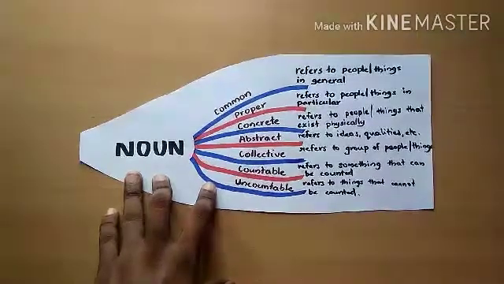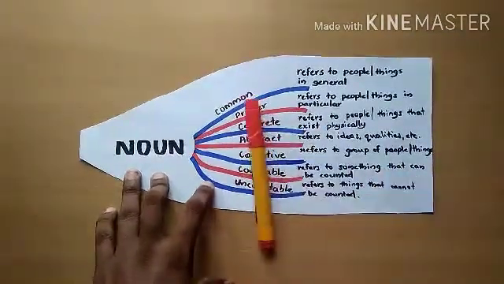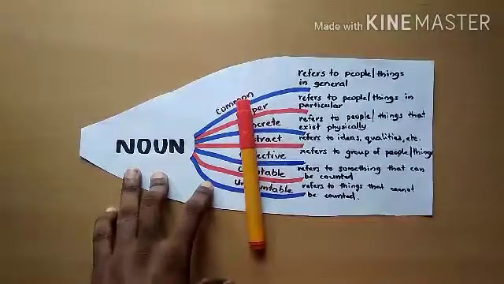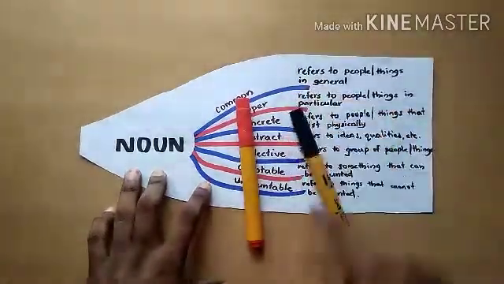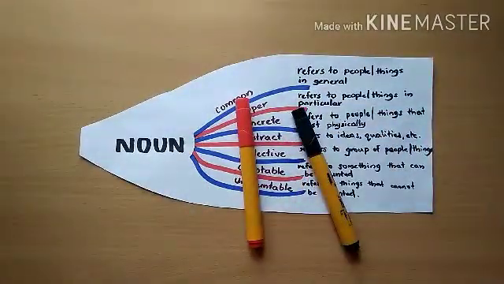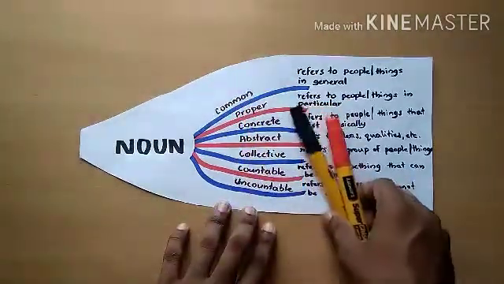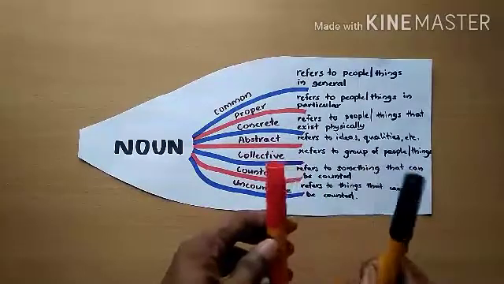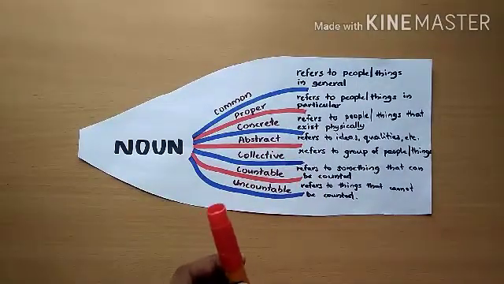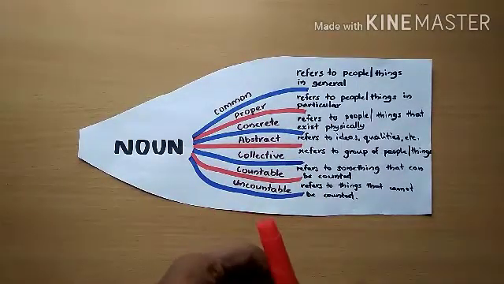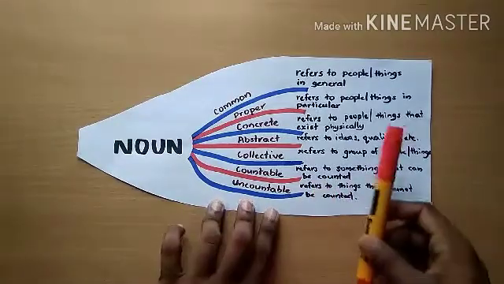Then I have one marker here. If I add one more marker, then there are two markers. Markers can be counted, right? So there are two markers. So these are known as countable nouns. Okay, countable nouns refer to something that can be counted.